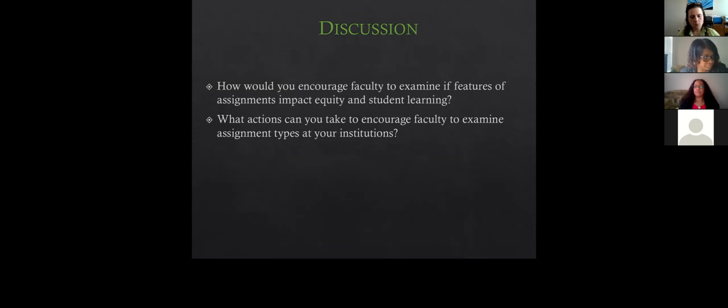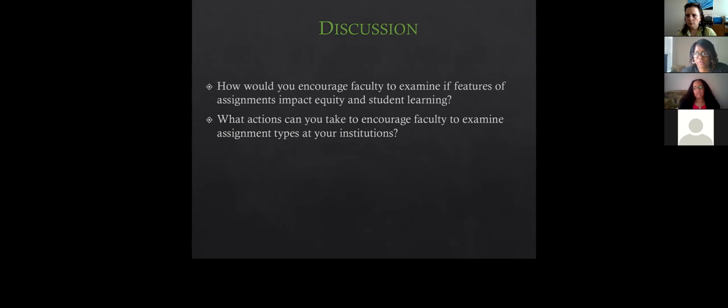How would you encourage faculty to examine if the features of assignments impact equity and student learning? What specific actions from your department would you take to encourage them to examine that? I will give you an example. For us, each year we have a small pot of money where we offer summer faculty stipends.